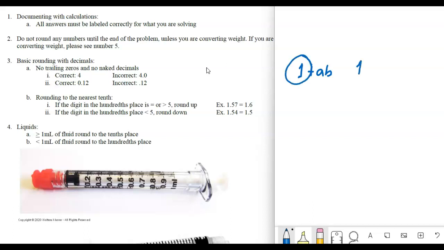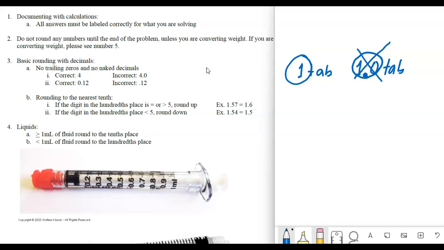We don't want to see 1.0 tablet. What can happen is somebody may not see this decimal point and they may think it's 10 tablets, and that's going to be a huge medication administration error. So no to that.